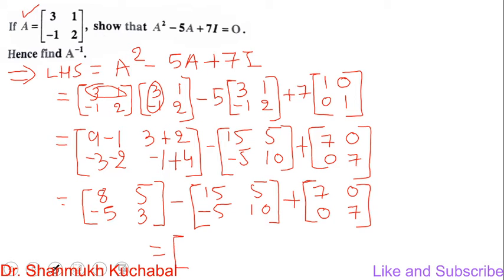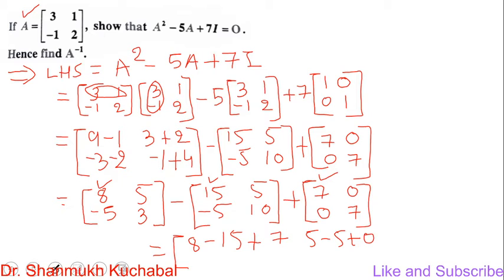So we get this as 8 first element, now subtracted with the second, minus 15, then plus 7. So first element with the first element, every matrix first element we have to take. So respective operation we have to do. Here minus minus plus plus we have to do. So further next element 5 minus 5 plus 0.